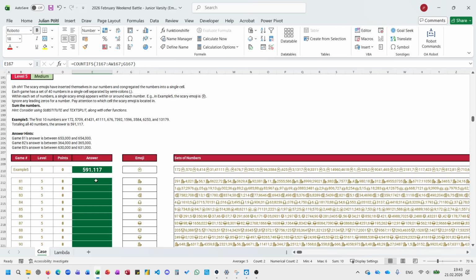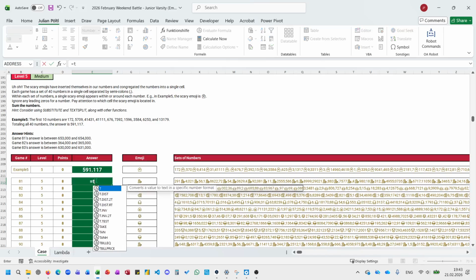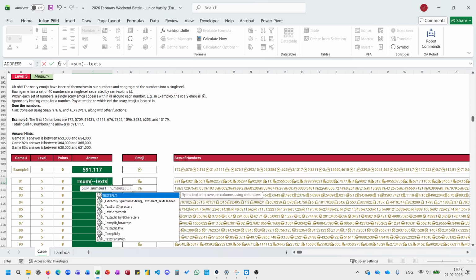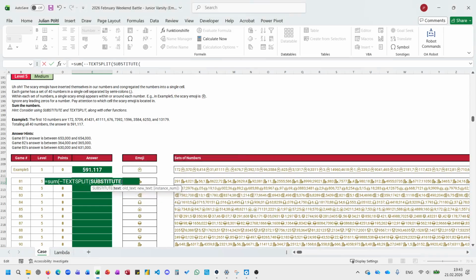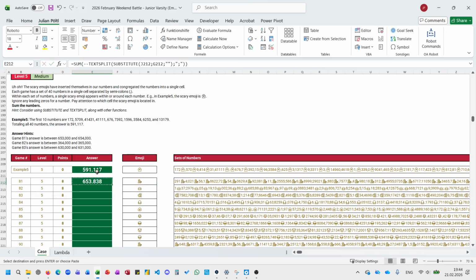Okay. So what I do is text sum minus text split, substitute. Delimiter is again semicolon. Yes, has worked.